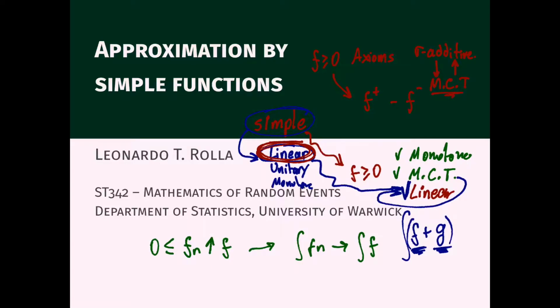So this is the jump that we make. We use the monotone convergence theorem to make properties that hold for simple functions hold for non-negative functions in general.